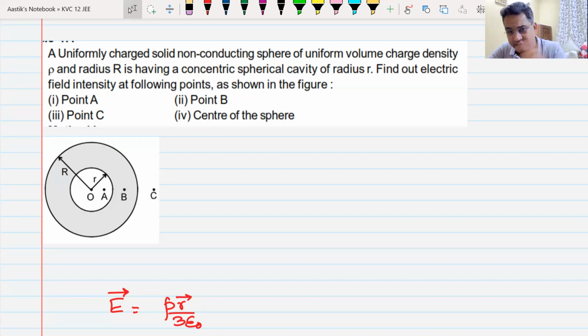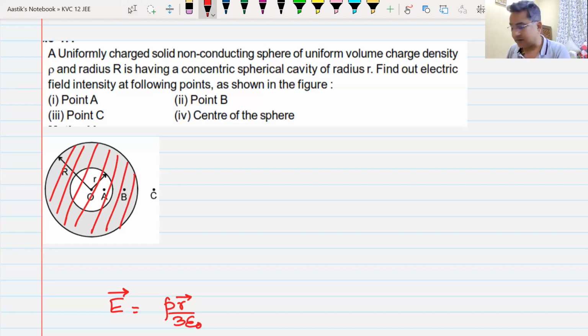Do you want me to solve the question for you? Shall I do it? Yes, sir. So what will I do? I will first assume that this is a full sphere.